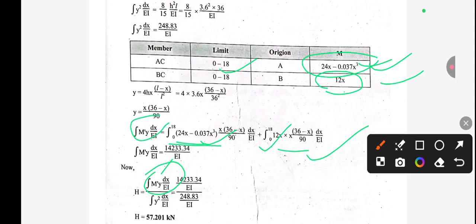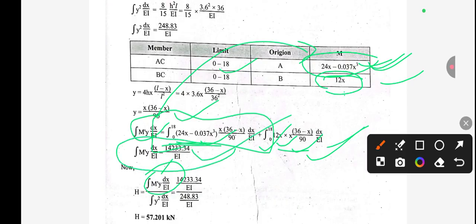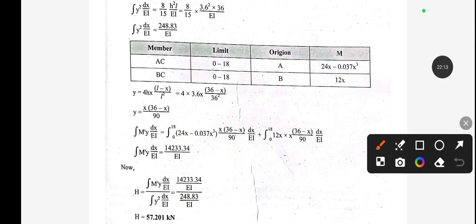This formula will be applied individually, for the upper part, that is this one, and for the lower part, m dash means 12x. And m dash y means this part, dx by EI. So finally we get the value of m dash y dx by EI, this one. Now we just need to put this value in the given equation and finally we get the answer.